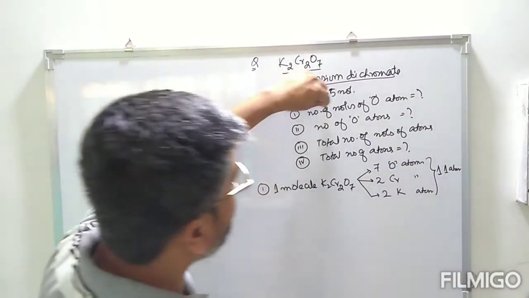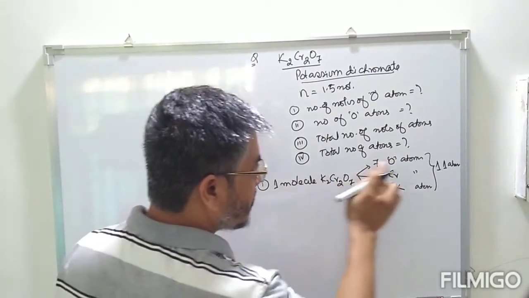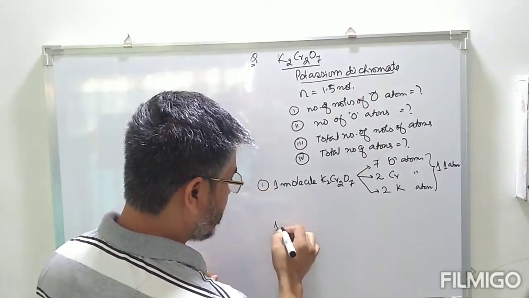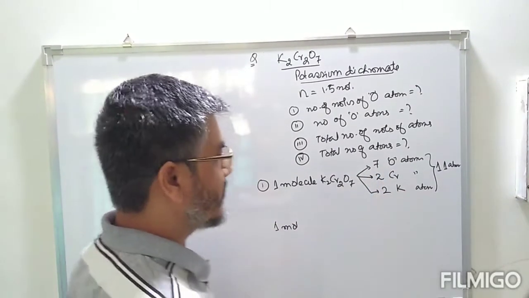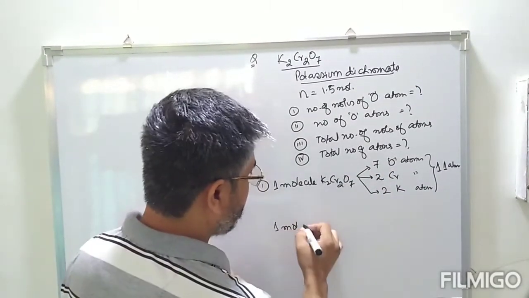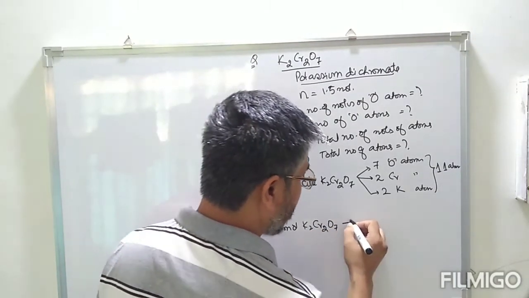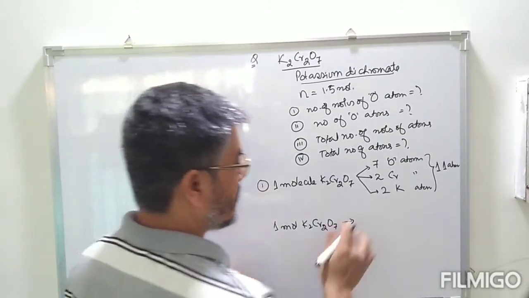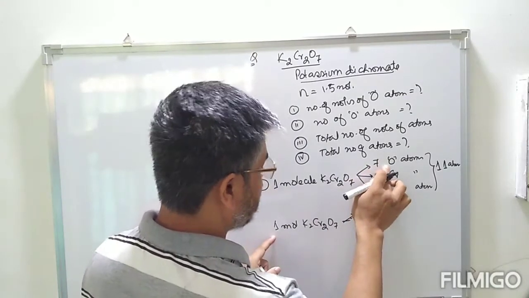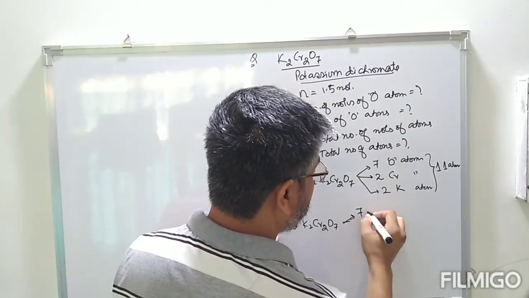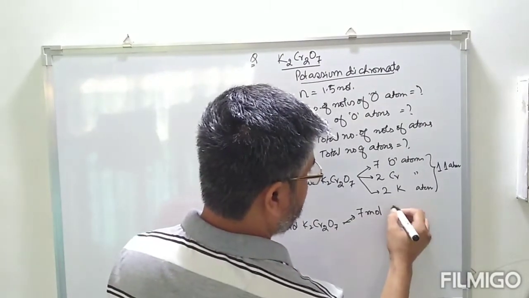Now the question is the number of moles of oxygen atoms. If one molecule contains 7 oxygen atoms, then 1 mole of K2Cr2O7 will contain 7 mole oxygen atoms.